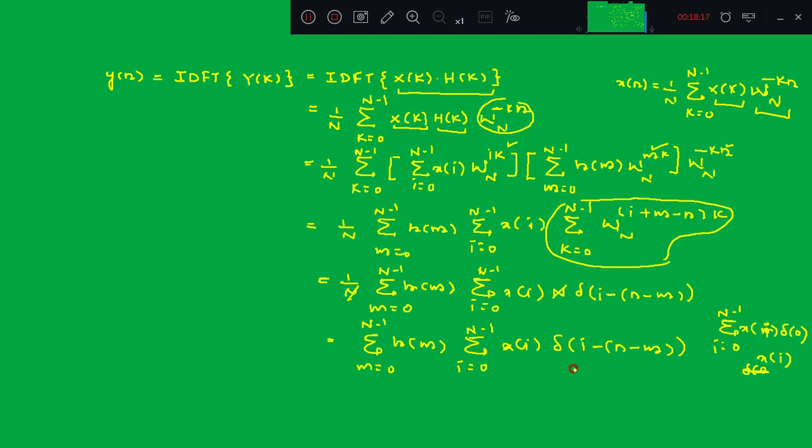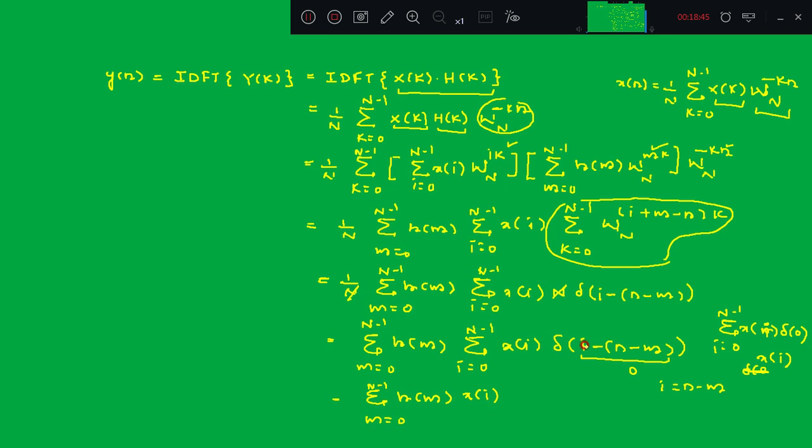Using this property, here it is summation m equal to 0 to N minus 1, h of m, and here it is x of i, delta of i plus m minus n. So I will write x of i. This is possible only when this delta of 0, this argument becomes 0, when i equals n minus m.